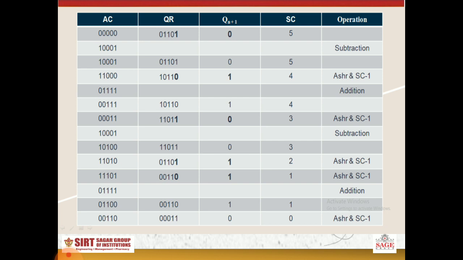Initial value of AC is 0, 0, 0, 0, 0. QR value is 0, 1, 1, 0, 1. Qn plus 1 initial value is 0. SC is 5. Now check the values of QR and Qn plus 1.